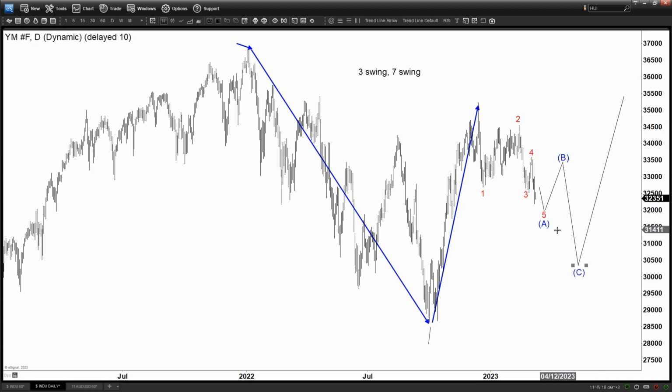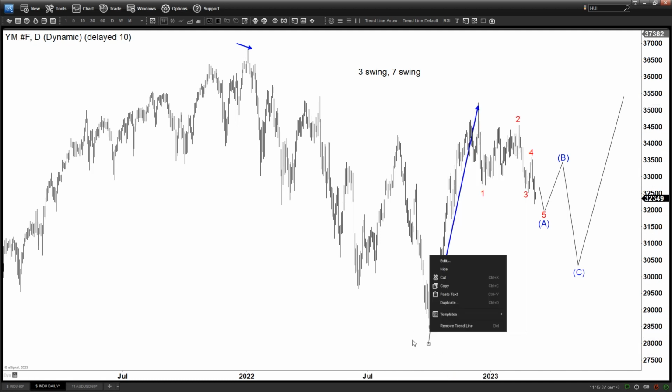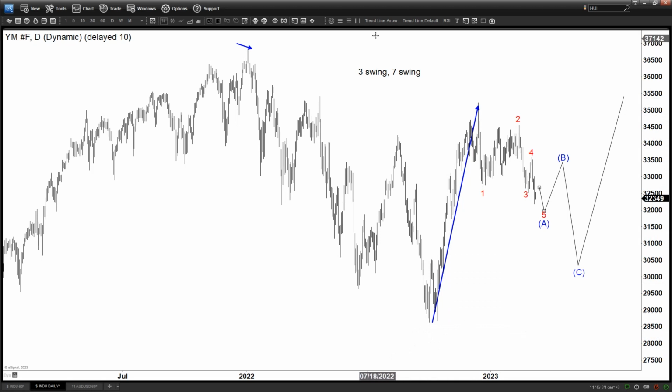Now, the other option is the following. Again, what is fact right now is that this one looks clearly like an impulse to me. The other option is, let's say this is an A, and then we can have an expanded flat, A, B, C, right?